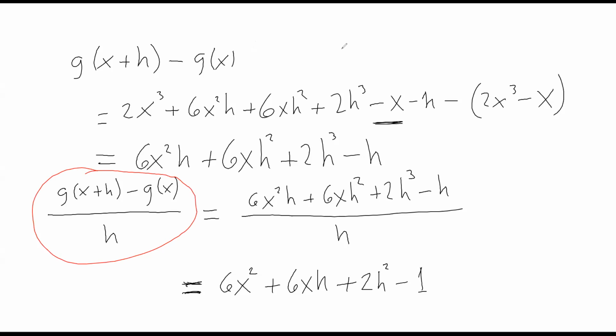If h is 0, then g of x plus h would be just g of x. The denominator would also be 0 if h were 0, and then you'd have 0 divided by 0, which is not an acceptable mathematical expression. We don't know what that means, if anything.